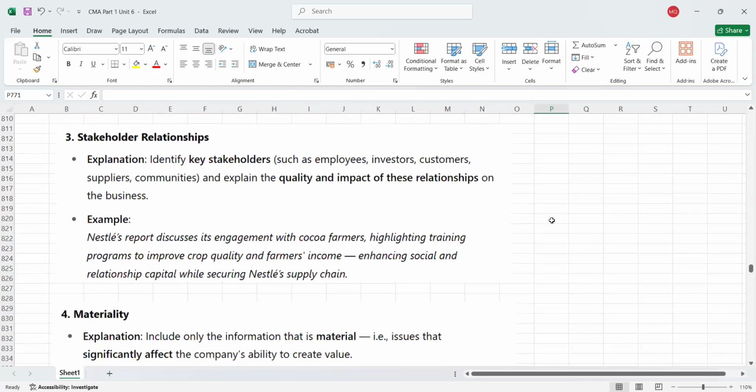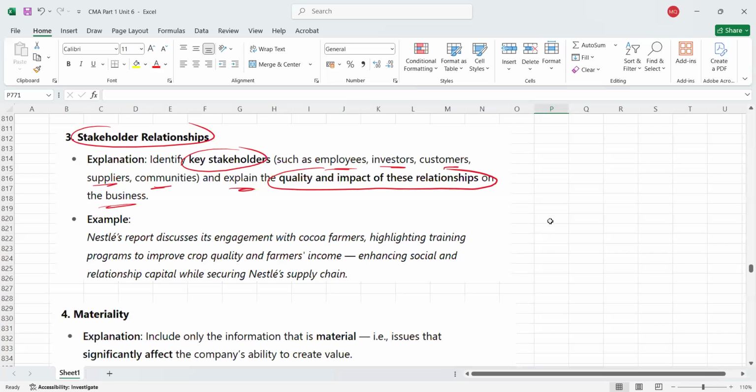The third guiding principle again is about stakeholder relationships. We already discussed these things, but as a guiding principle it means at least we should include some information about the relationships with the stakeholders. Here you need to identify some key stakeholders, might be employees, investors, customers, suppliers, communities, etc. And you will explain the quality and the impact of these relationships on the business.